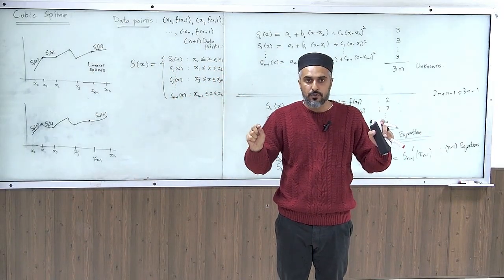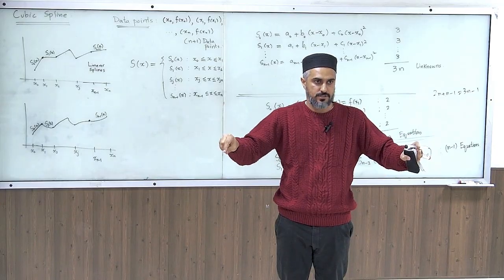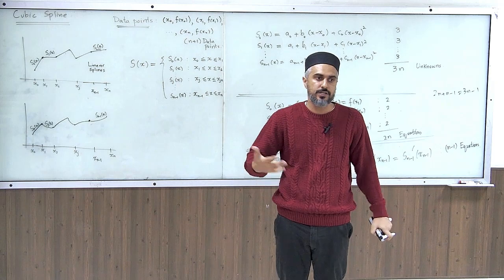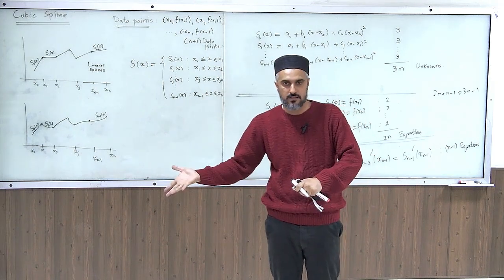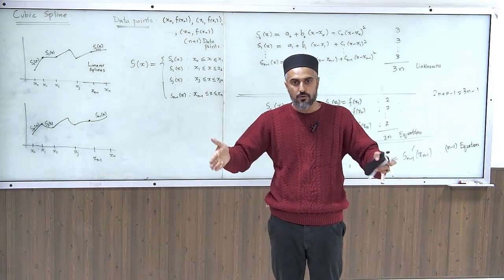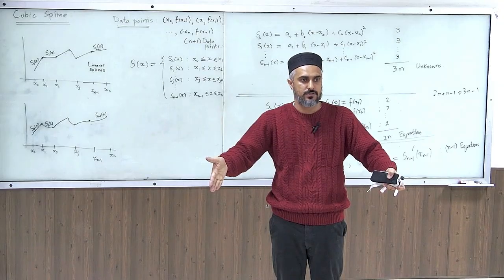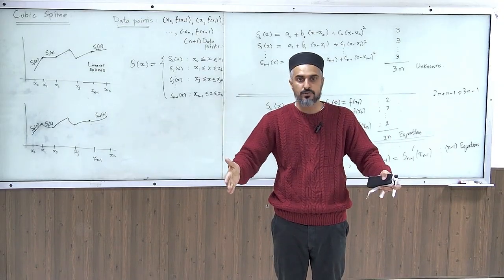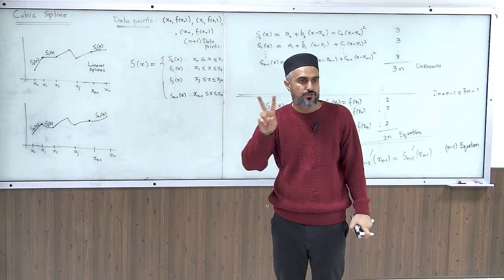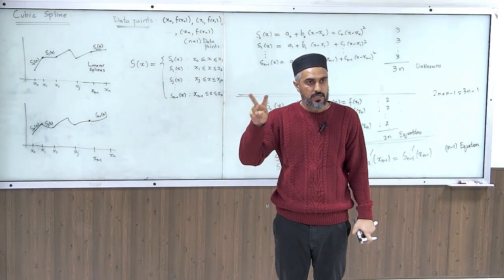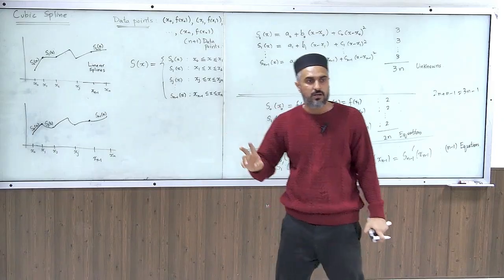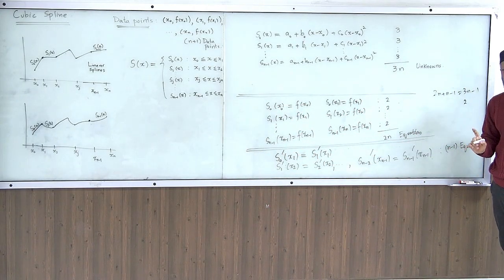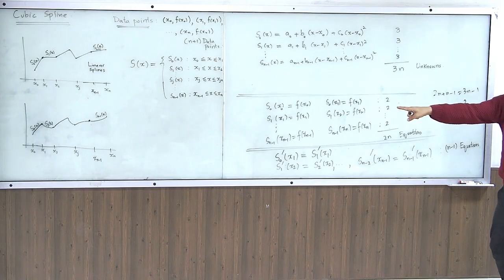I can't just take the liberty of imposing a condition at either x0 or xn. If I impose a certain condition, it should be on both ends, and then I get two equations from there, because there are two endpoints.